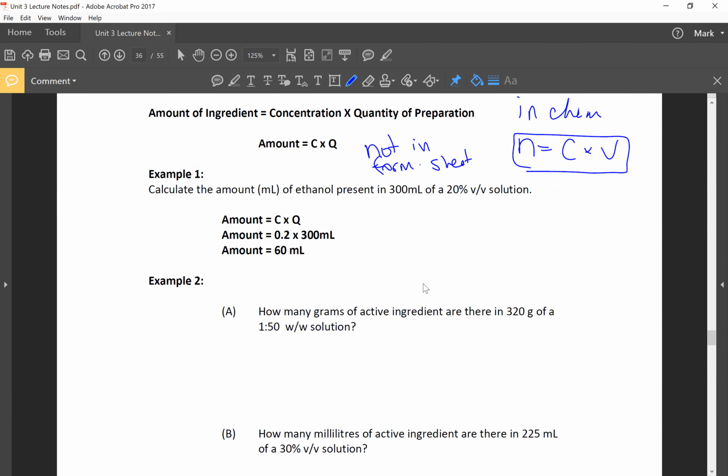Okay, so example number 1. Calculate the amount of milliliters of ethanol available in 300 milliliters of a 20% V over V solution. So this is a volumetric solution. So again, amount is the concentration times the quantity. This quantity of preparation would be like the amount of solution.